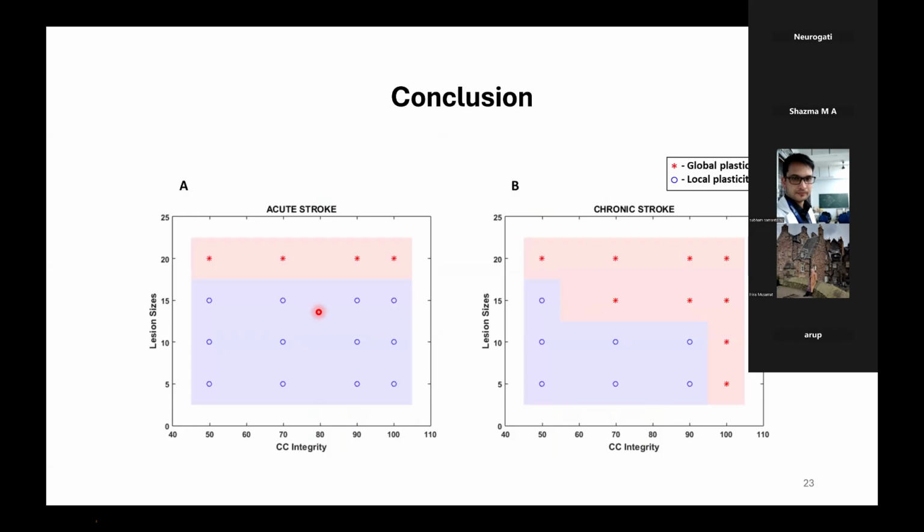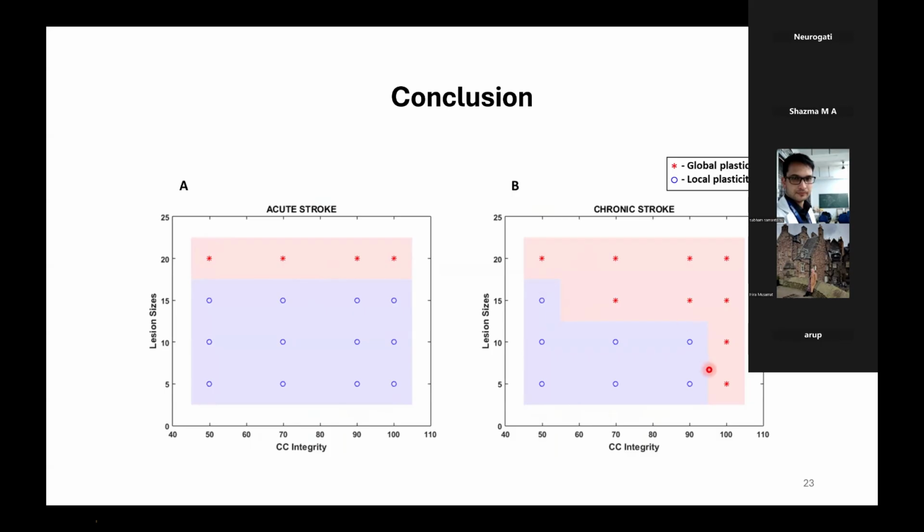So under acute stroke, the network prefers global plasticity for a lesion size of 20 across all CC integrity conditions, whereas chronic stroke shows a more lesion size specific choice, where under 50% of corpus callosum structural integrity, the network only prefers global plasticity when the lesion size is extremely high.